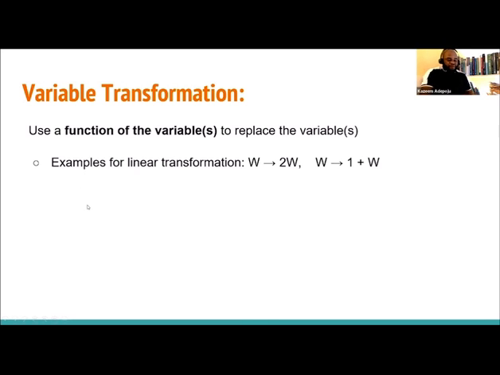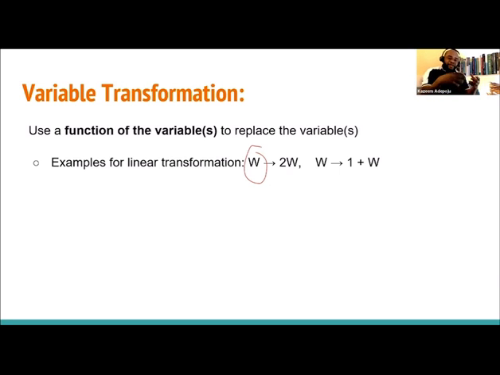I want to consider different kinds of functions right now. Initially, if I have W and I want a linear transformation. There are different kinds of transformation around, because if you want to transform your model, maybe because there's a problem.